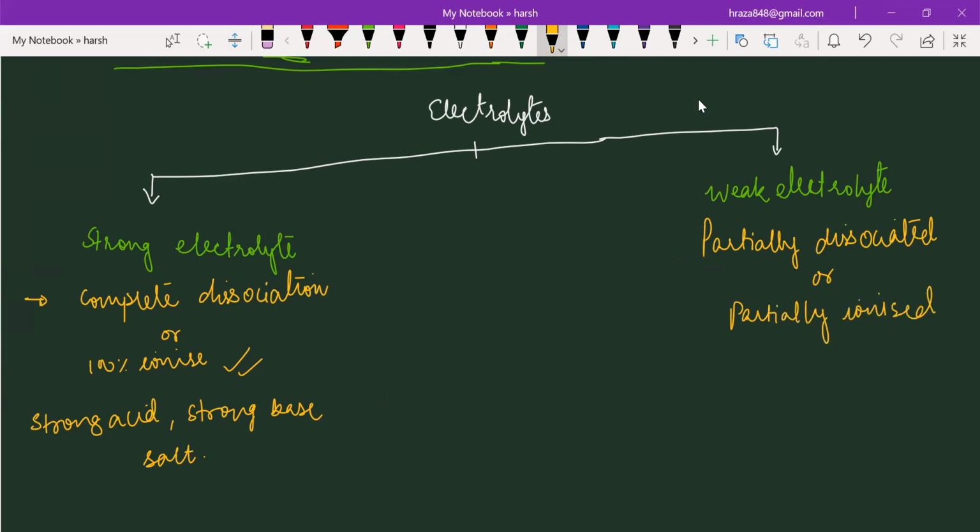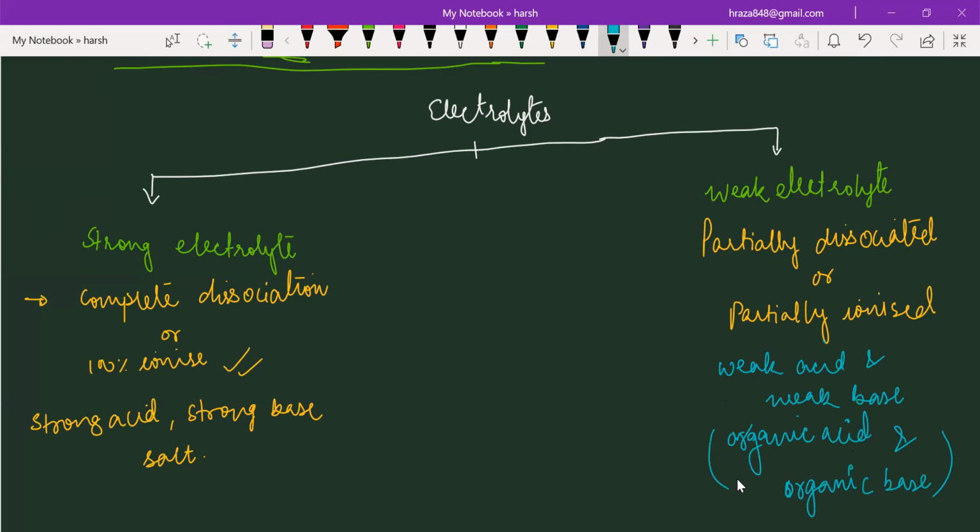So we can take examples here: weak acids and weak bases, basically organic acids like ethanoic acid and methanoic acid, and bases like NH3 and all. So these are all weak electrolytes, and those are strong electrolytes. Please write it.